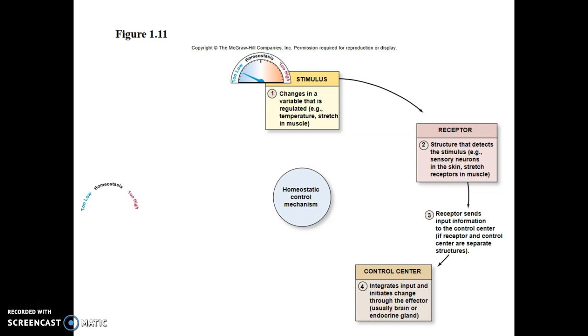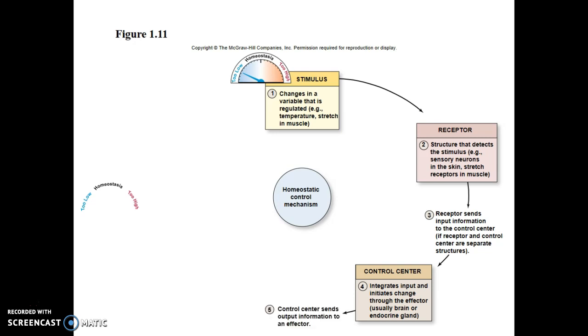But in the body, the control center would be the nervous system or endocrine system. In this case, temperature is controlled by the nervous system, specifically the hypothalamus. And so it's going to take in the information and say, oh, the body is cold. So what are we going to do?